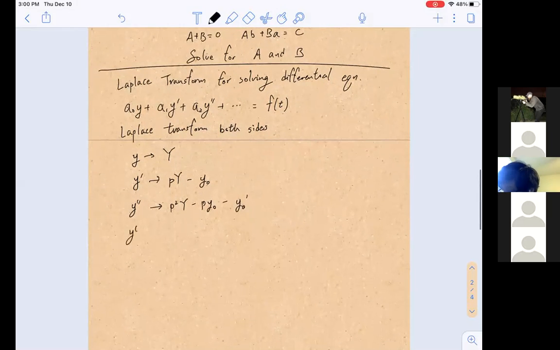And then the nth derivative in general is p to the n Y minus p to the n minus 1 y0 minus p to the n minus 2 y0 prime, all the way to minus y0 to the n minus 1. Okay, so that's the Laplace transform for the left side.